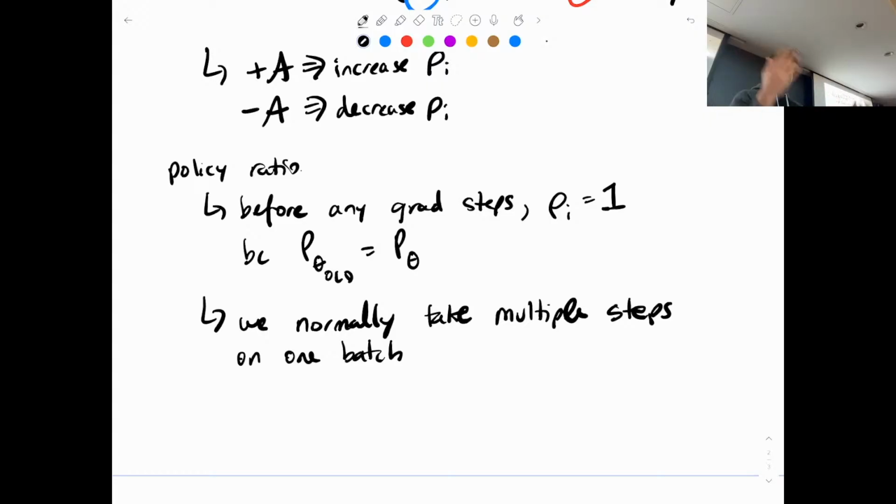Here, we have our batch and we compute the policy ratio, then we compute our loss, we take a step, we recompute the policy ratio, we take another step, we recompute the policy ratio, we take another step, until we reach some fixed number of steps, which is a hyperparameter.